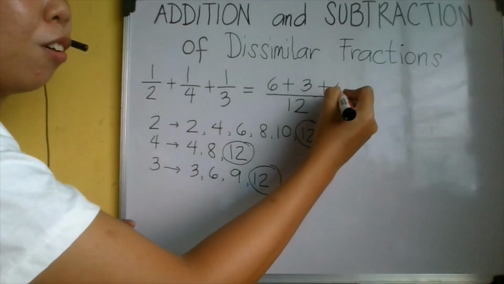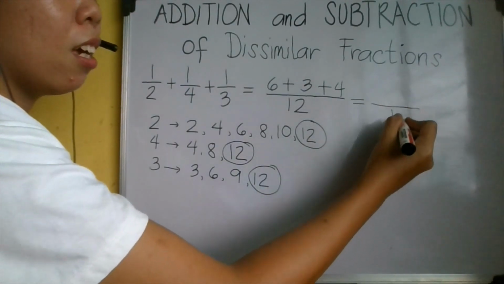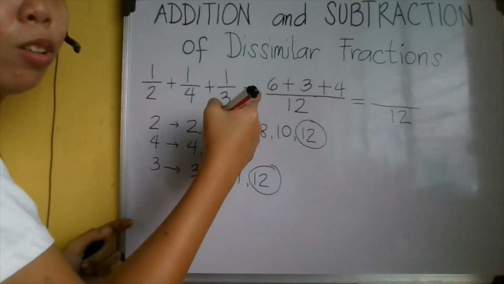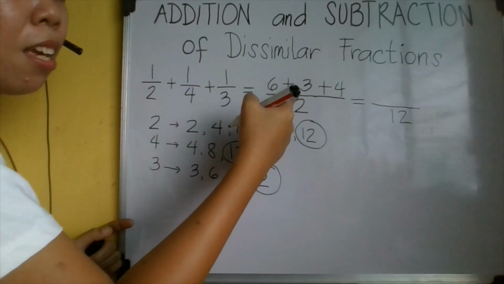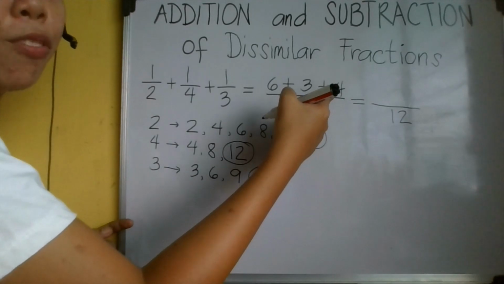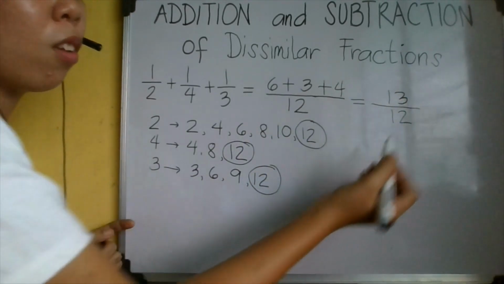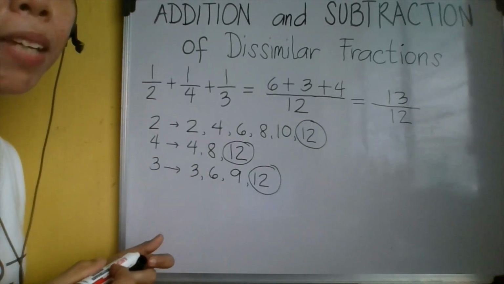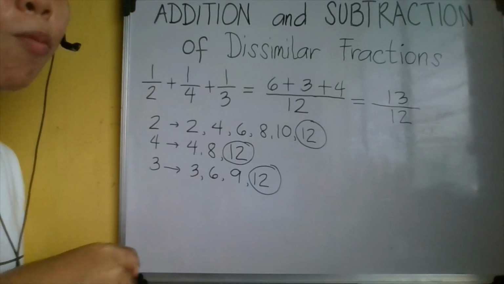Okay, so copy the LCD, then add the numerators. 6 plus 3, we have 9, plus 4, we have 13. So 13 over 12, and 13 over 12 is an improper fraction kasi mas mataas yung numerator kaysa denominator.